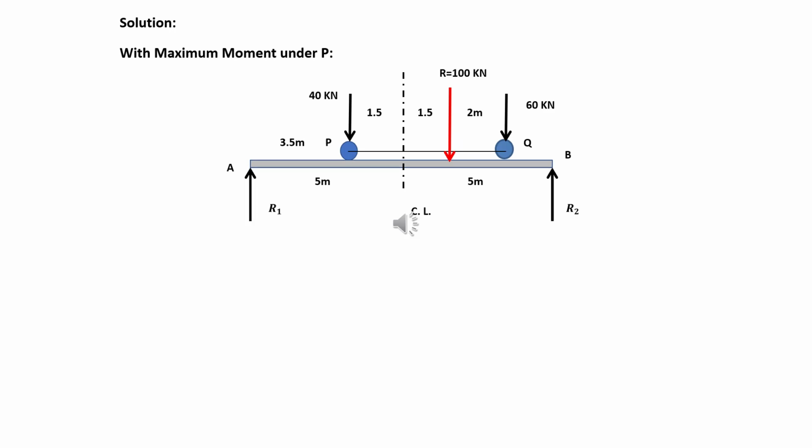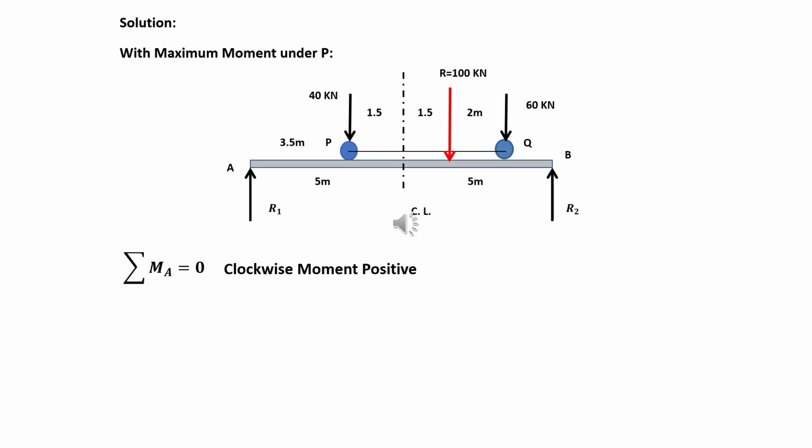Now, in order to calculate for R sub 2, I think the best way is to take moment at point A, or summation moment at A is equal to 0, clockwise moment positive as consideration. Before doing any calculations, let us first observe our given figure.